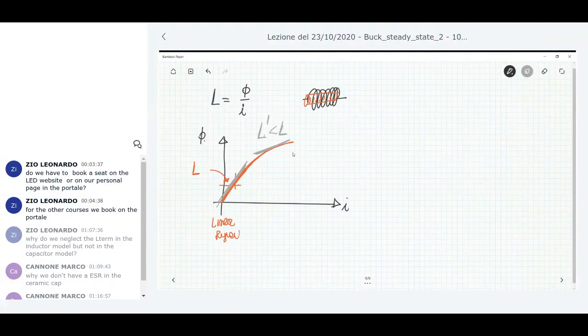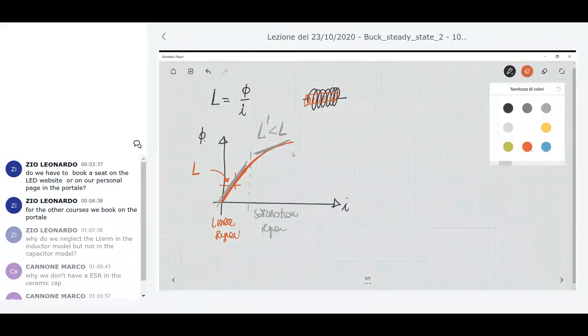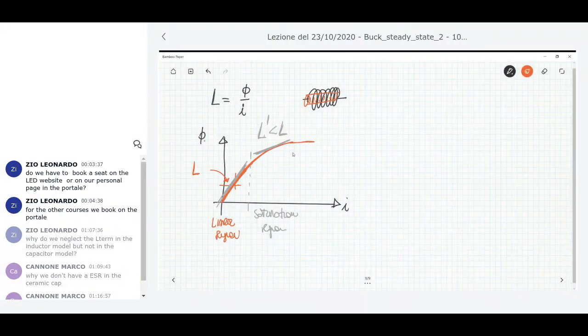This is called the saturation region. Eventually, this curve becomes flat, which means the inductance goes to zero. The inductor becomes a piece of wire, a short circuit, no longer an inductance.